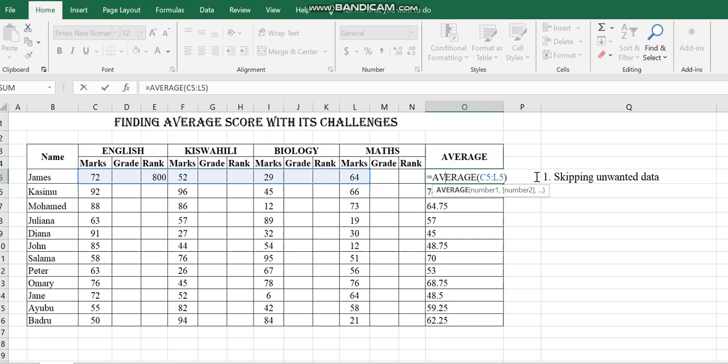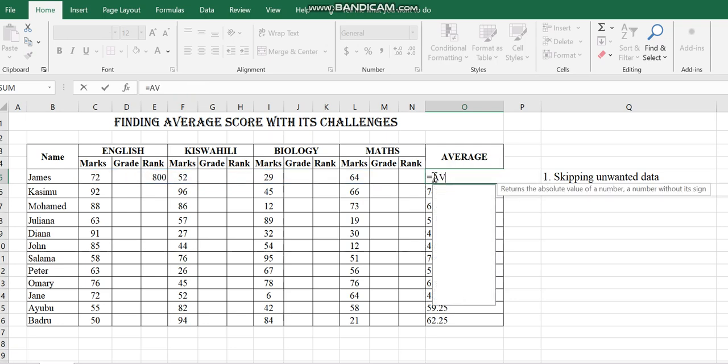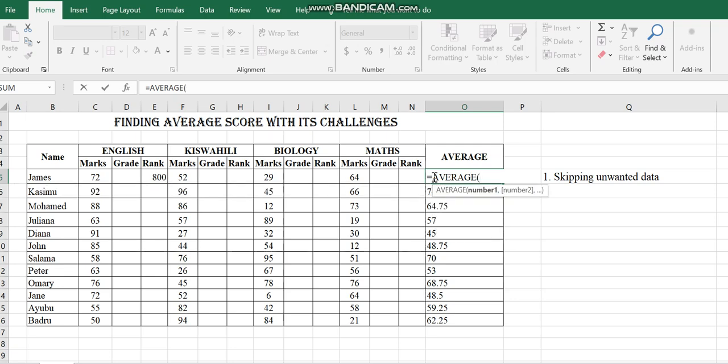So how do we solve it? The solution will be the average, but these numbers are supposed to be entered by skipping, going to the exact area where these marks are supposed to be taken from. For instance, here we click this one, then comma, you skip up to this one, comma, you skip up to this one, comma, then this is the last one.